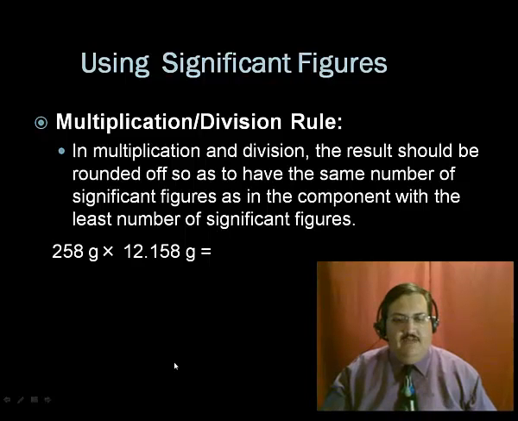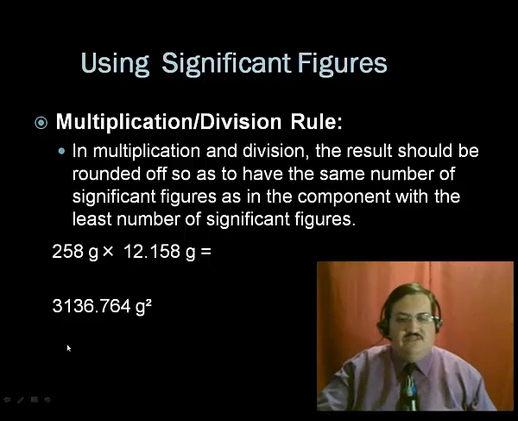So here I have 2 numbers multiplied together. I plug those into my calculator. I will get this number, 3,136.764. Now this is far more accurate than my two numbers to begin with. My first number has 3 significant figures.